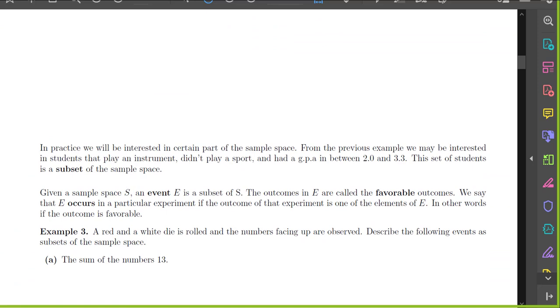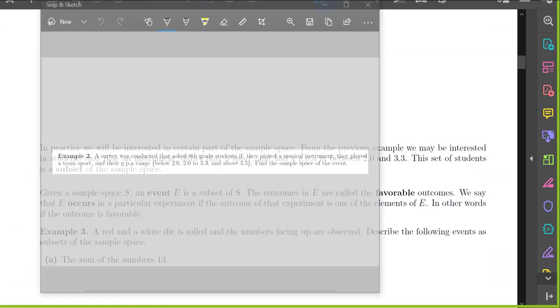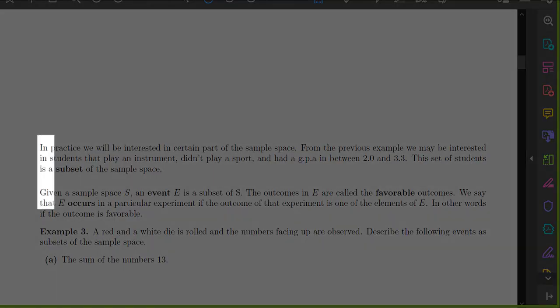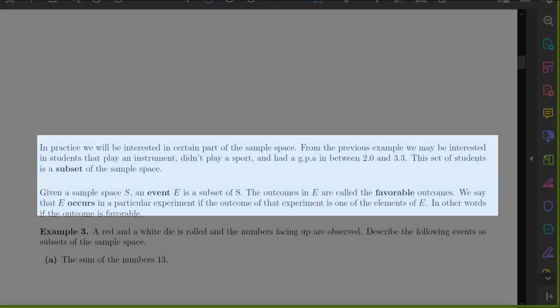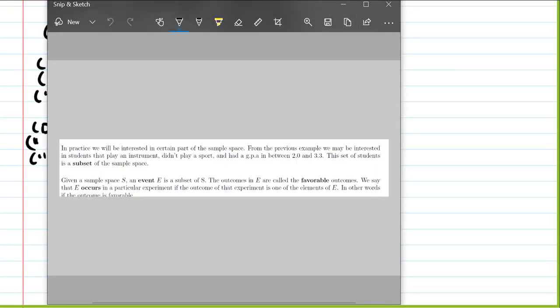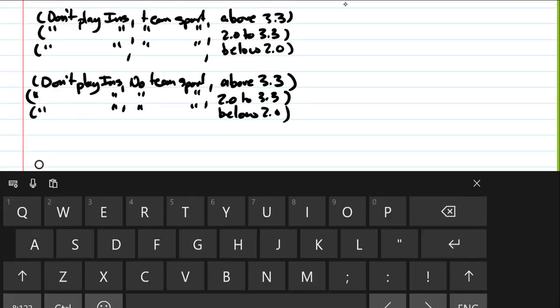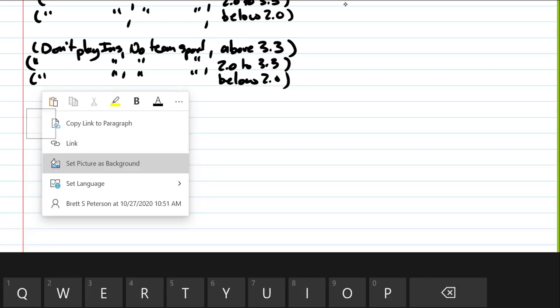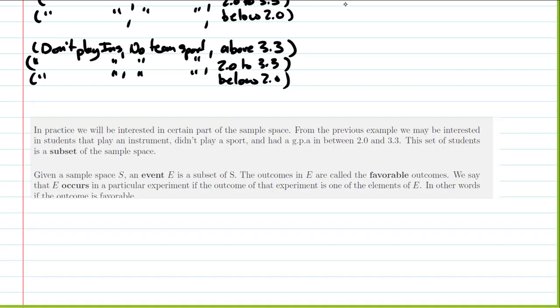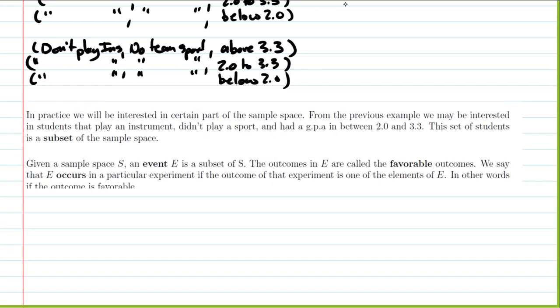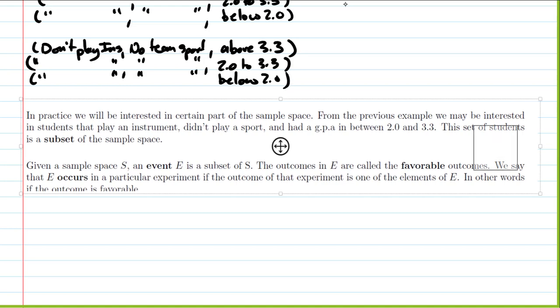So in practice, we will be interested in a certain part of the sample space. So in all the previous examples, we were listing all possible outcomes in the sample space.